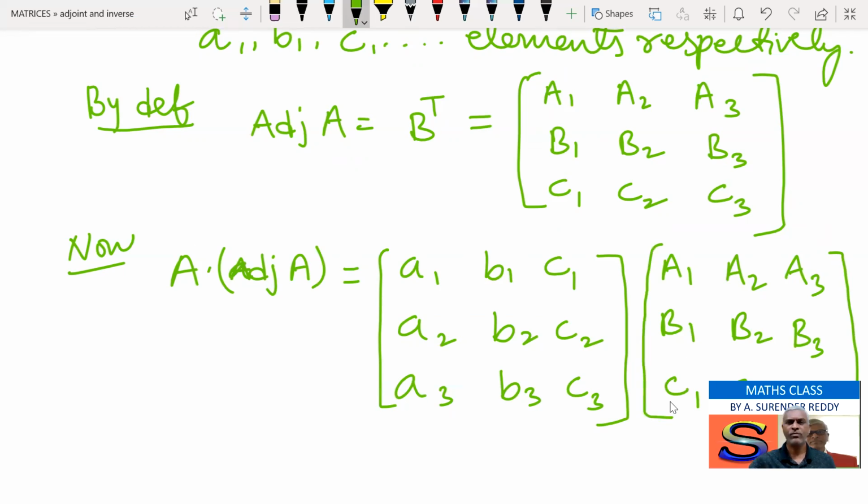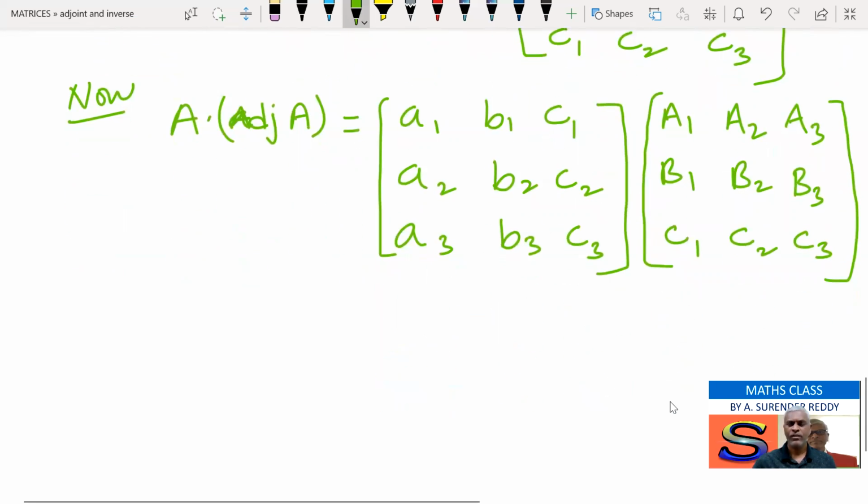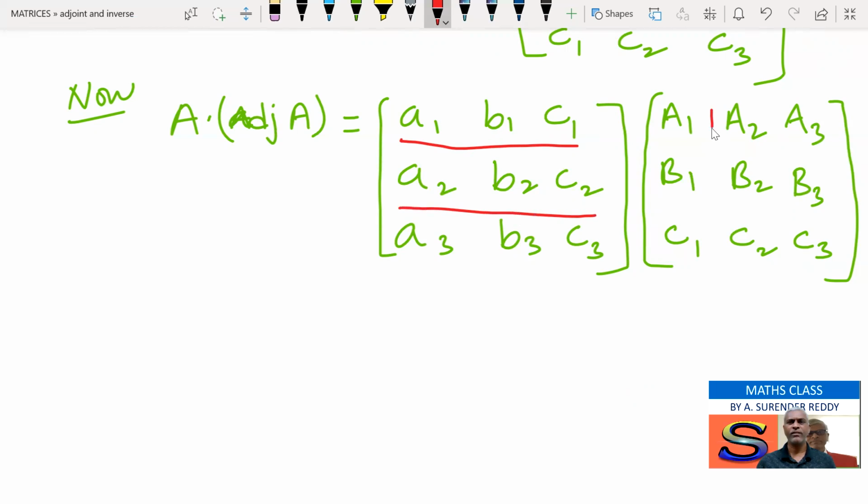So we know how to multiply: rows of the first matrix should be multiplied with columns of the second matrix. So rows into columns, R1, R2, R3, C1, C2, C3.